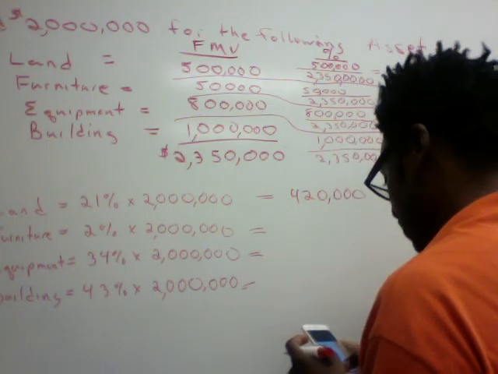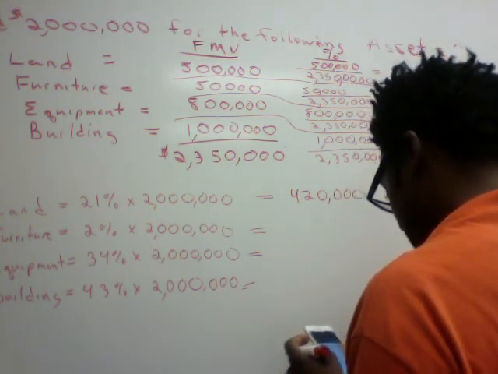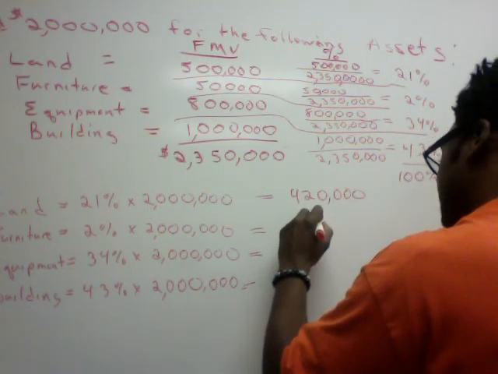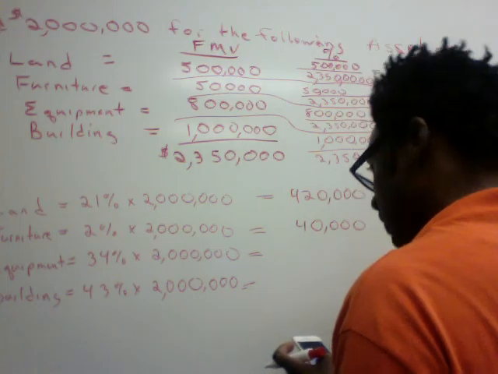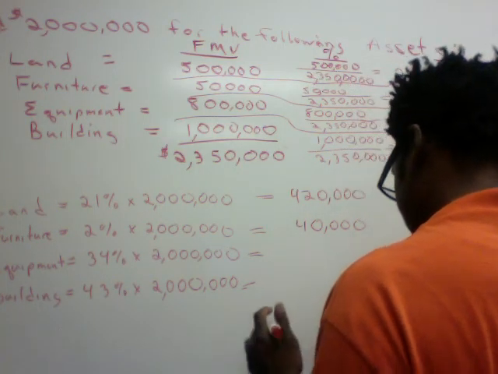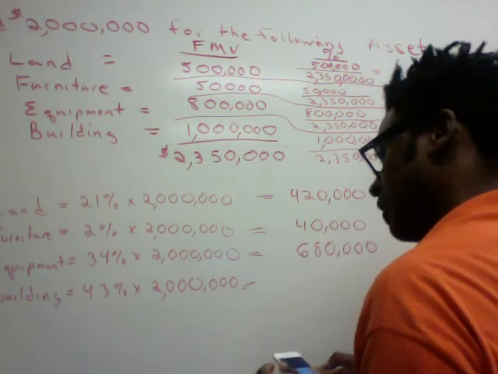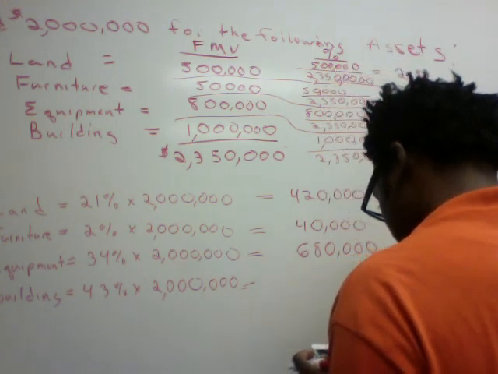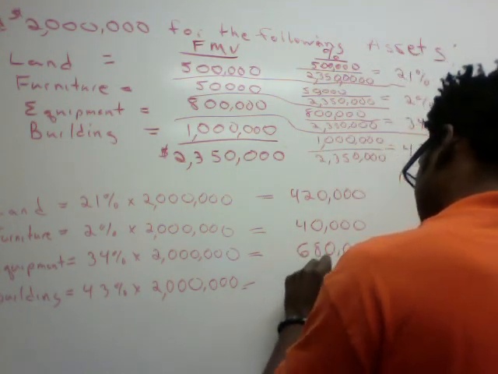We have 2 million times 0.02, 40,000. We have 2 million times 0.34, 680,000. We have 2 million times 0.43, 860,000.